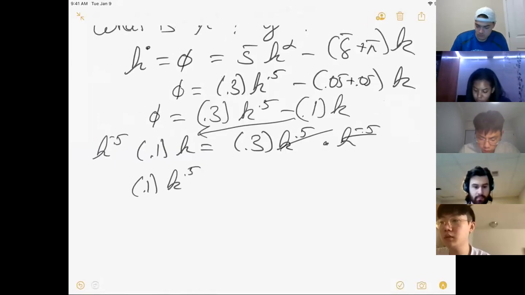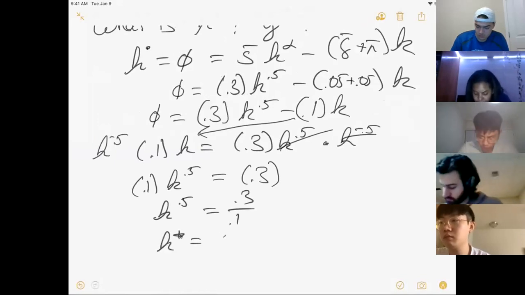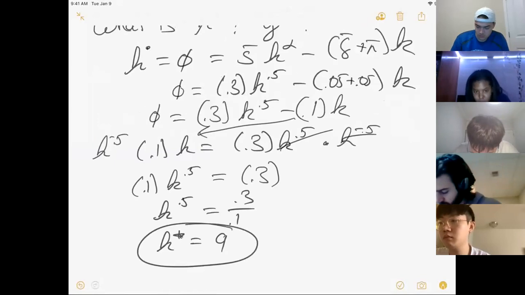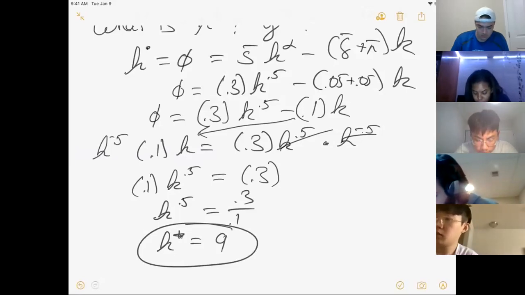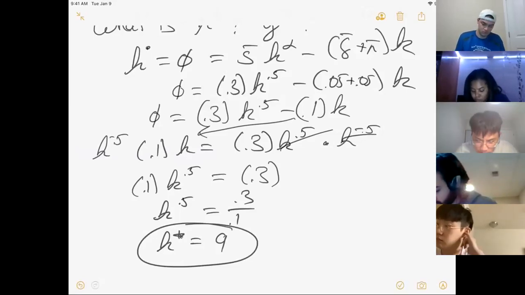And that becomes 0.1 times K to the 0.5 is equal to 0.3, or that. K star is equal to 9. The steady state level of capital is equal to 9.